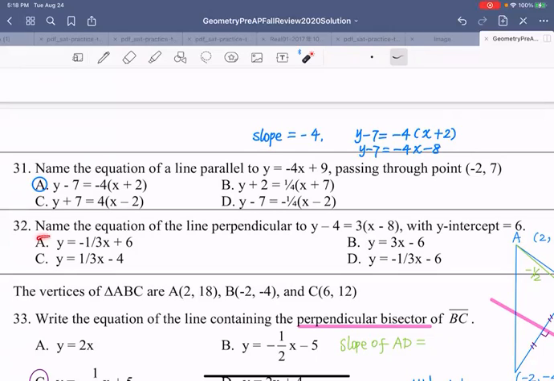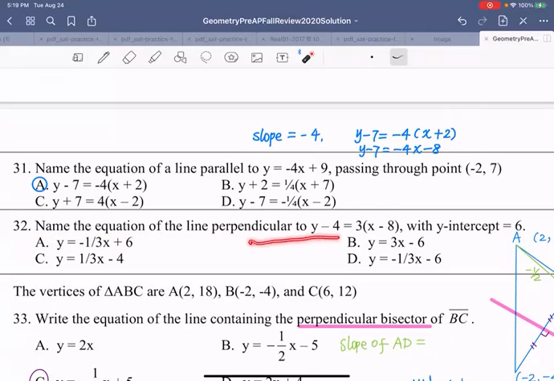Yeah, I asked you to read this one. Oh, sorry. Name the equation of a line perpendicular to y minus 4 equals 3 times (x minus 8) with a y-intercept of 6. Okay.